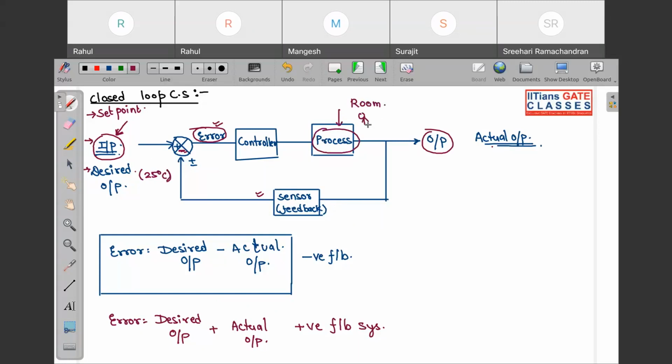Only you are present. So this smart AC will consume the minimum amount of energy to maintain this 25 degree C. You can understand it like this.